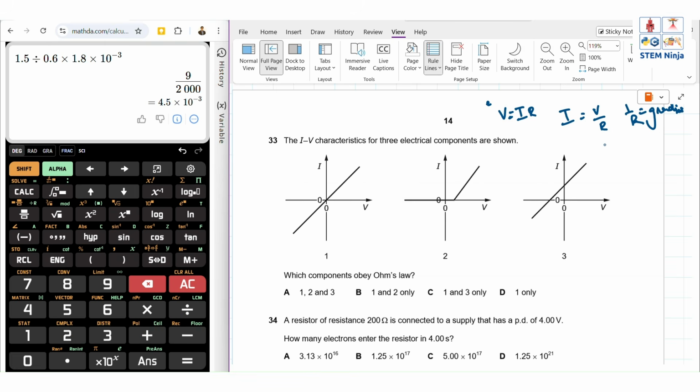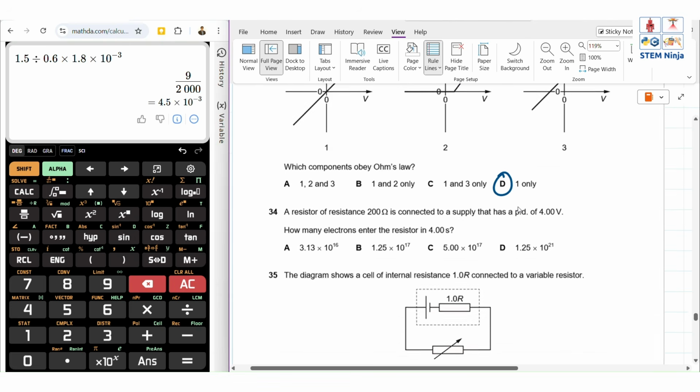So this must also mean that this is like a y equals mx type situation where the y-intercept is 0. So it should always pass through 0. This is the ohmic conductor's graph. So there is only one.